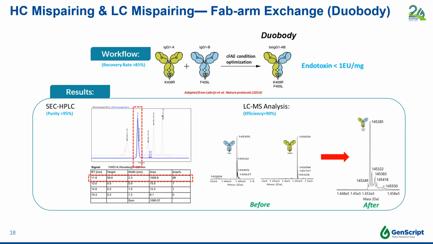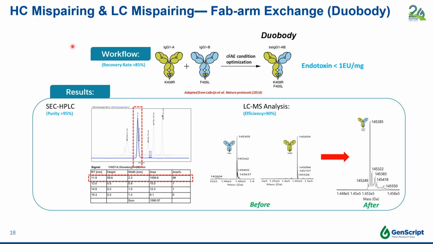The technologies described above still have some purification problems. Compared to these technologies, in vitro assembly methods may be ideal approaches that could avoid heavy chain mispairing, light chain mispairing, and purification problems at the same time.